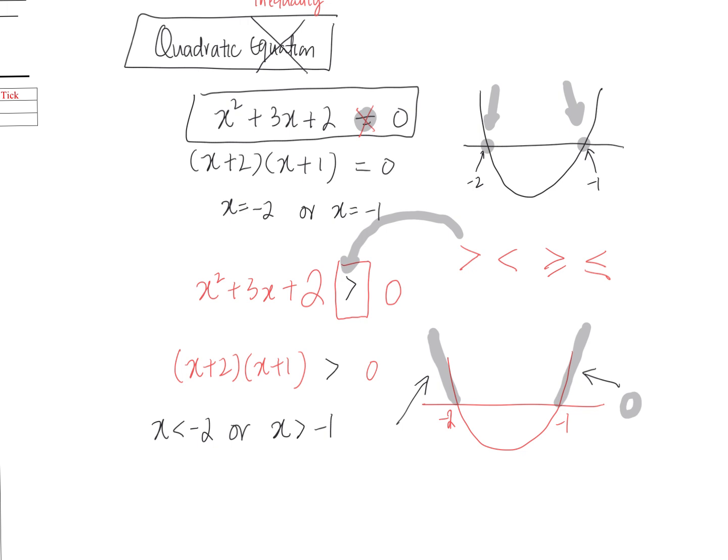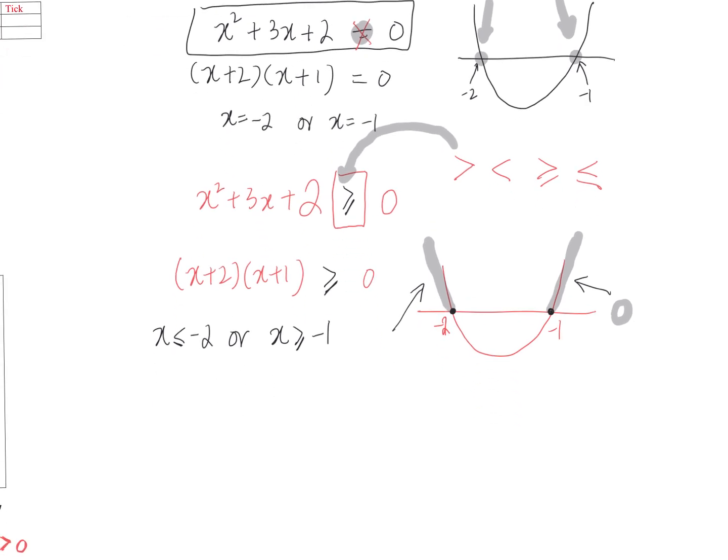But if I change this to have an equal sign, the only difference is that your final answer also includes this point. That's all. But what if, for the same question, the inequality that I want is less than or equals to 0? Then same thing, based on the two x-intercepts I have, I want the part of the curve that lies below the line, which is a continuous bounded bowl.